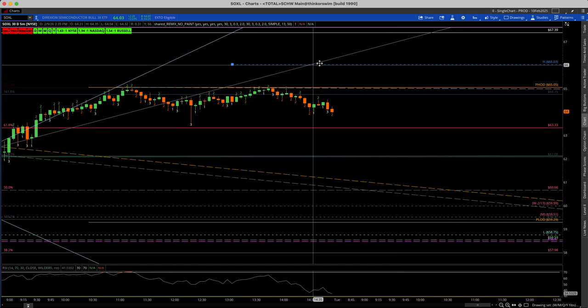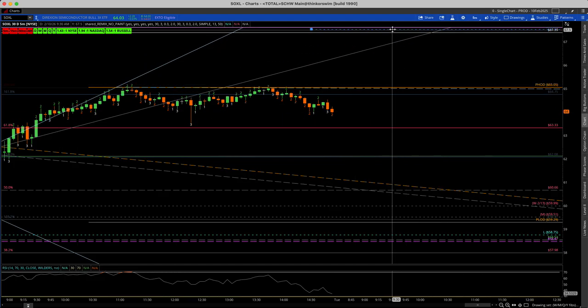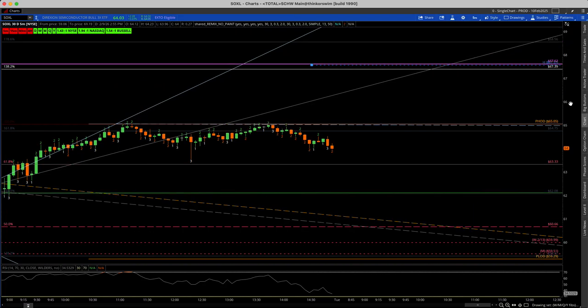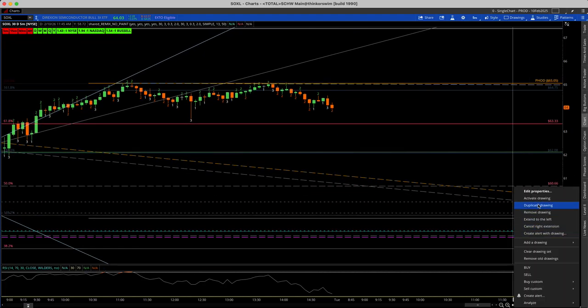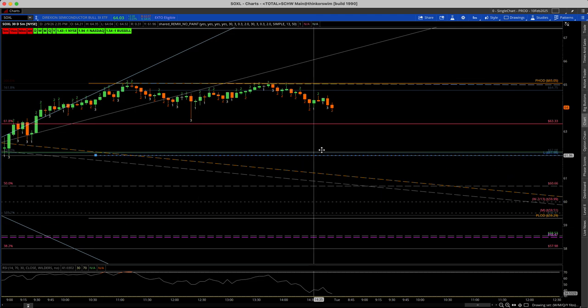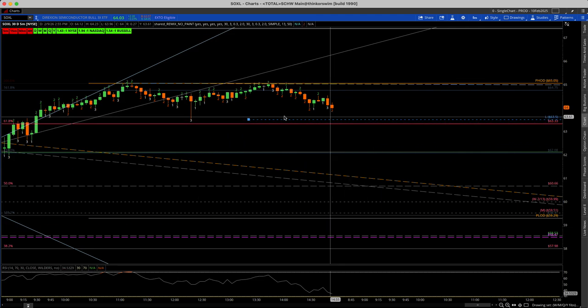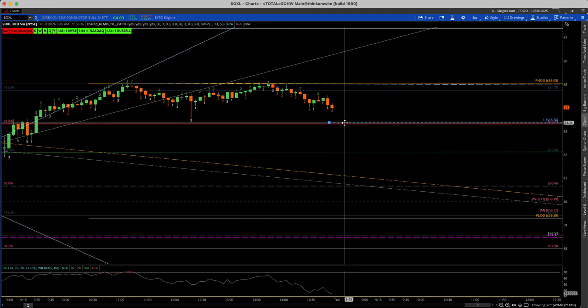But let's just move this over here. Let's say overnight high kind of tests last week's high. And then overnight low, we'll just bring it back within range here, and we'll say it's here.